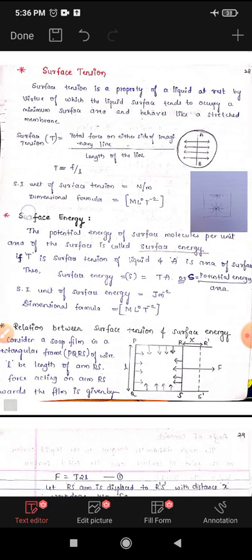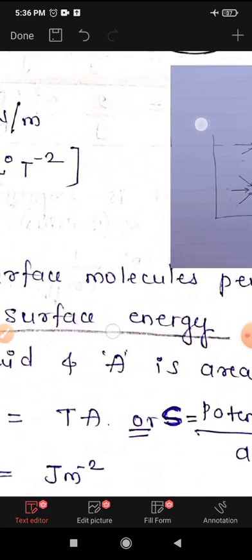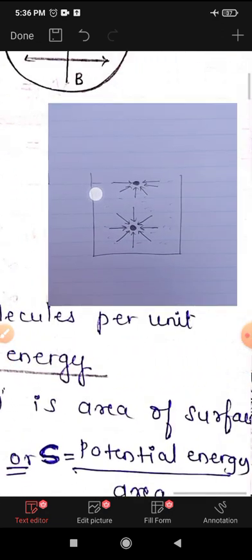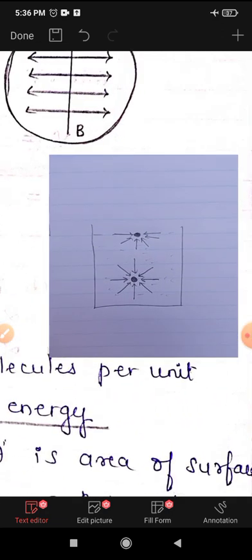And next we have the surface energy. See, the surface energy is the potential energy of surface molecules per unit area of a surface. See in this image, consider a beaker which has a liquid in it.